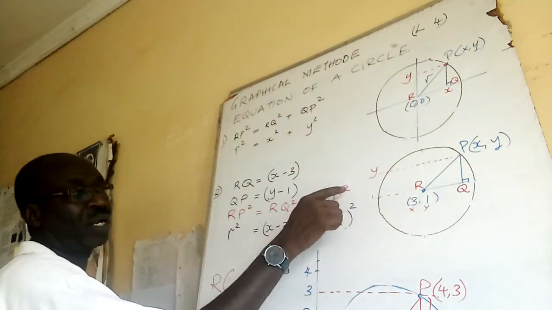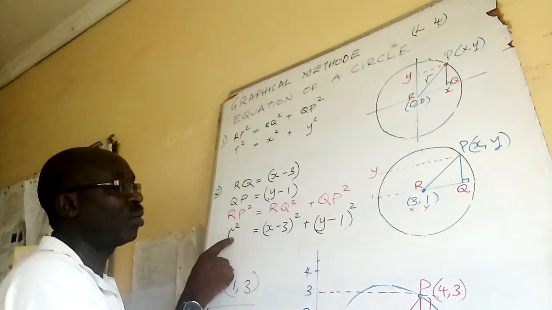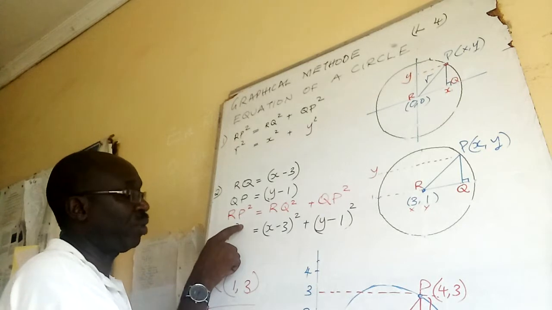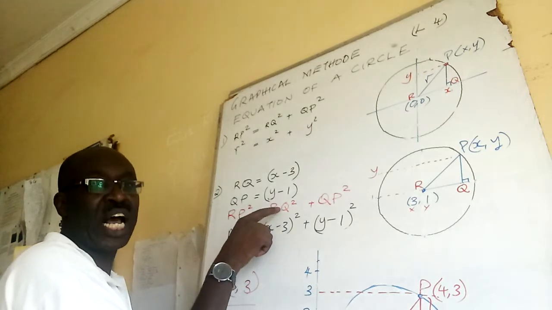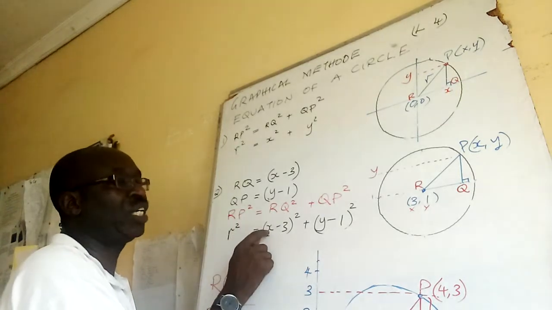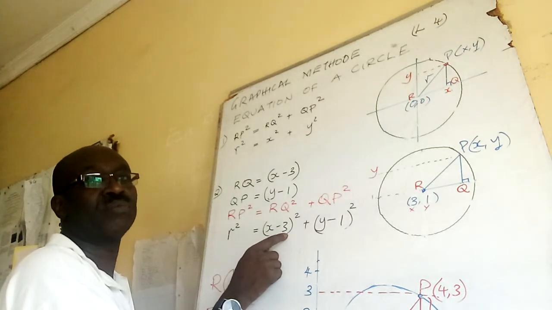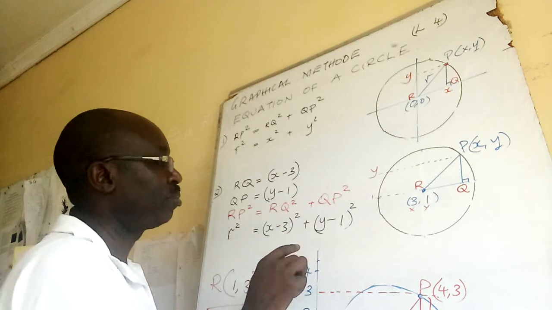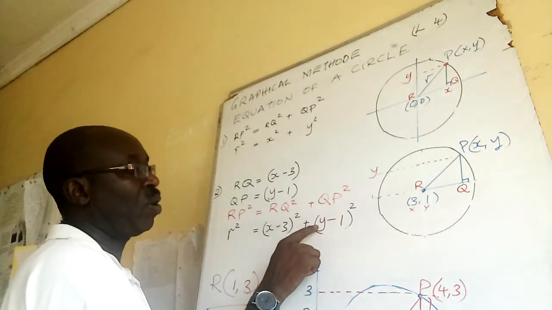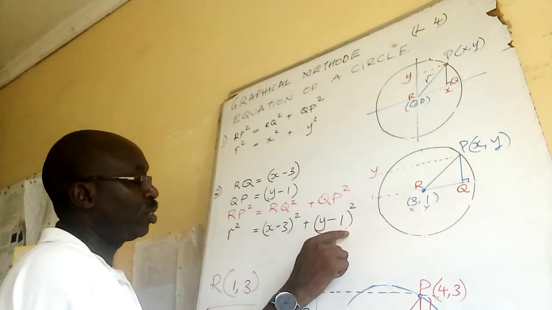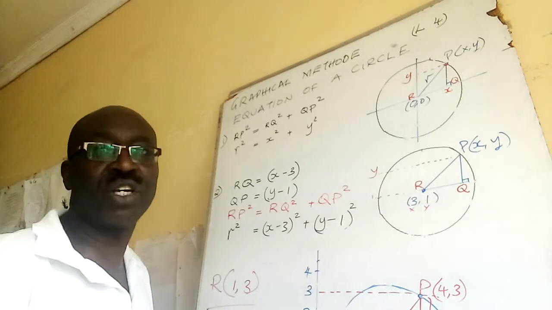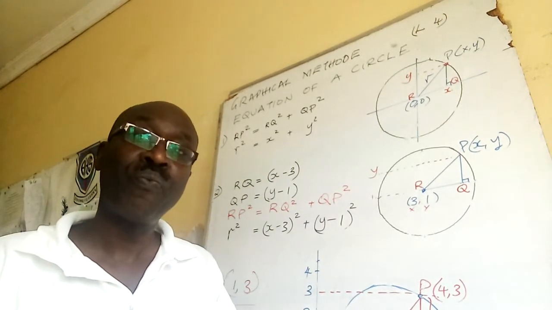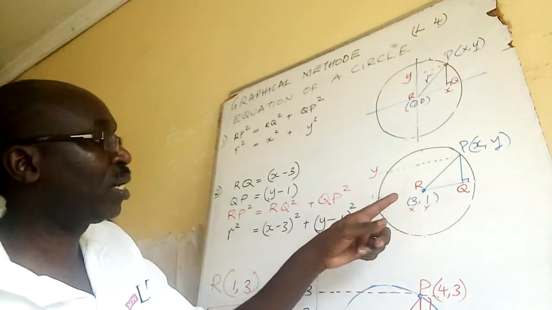Now I put the real stuff. Okay? RP is r, so r squared is equal to, what is RQ? Its magnitude is x minus 3. Magnitude, length, size. QP, y minus 1. So this becomes the general equation of a circle whose center is (3, 1).